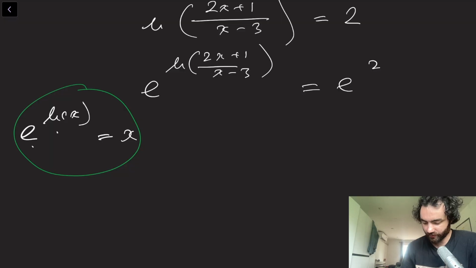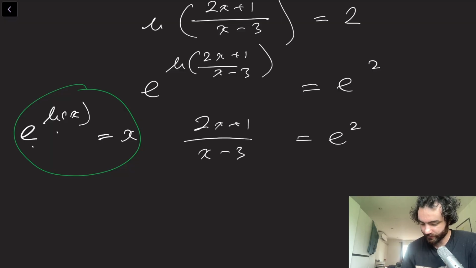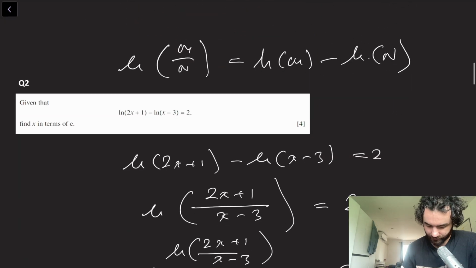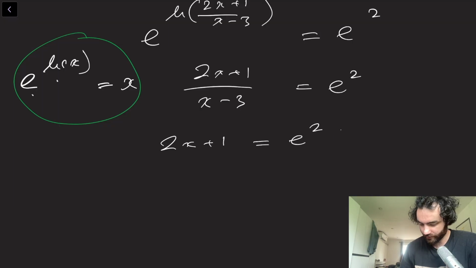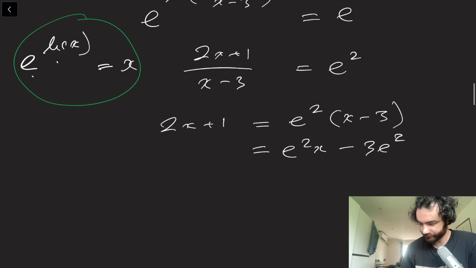Anyway, so with this, you get (2x plus 1) over (x minus 3) equals e squared. Let's solve this in terms of e. So we get 2x plus 1 equals e squared times (x minus 3), which gives us e squared x minus 3e squared.